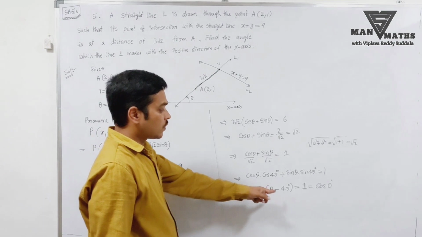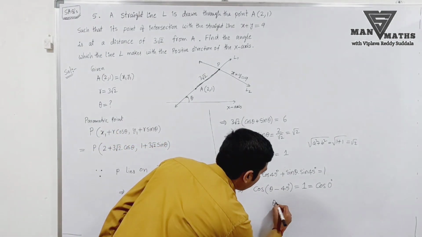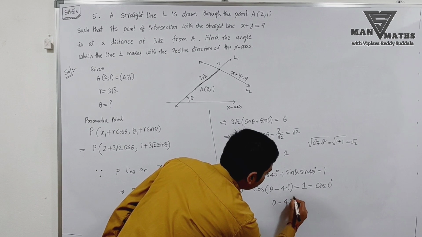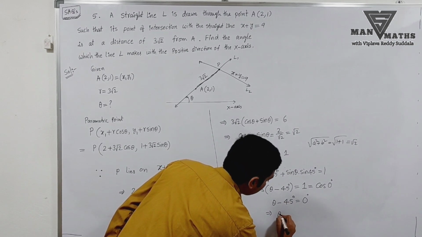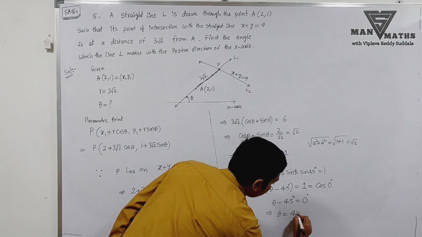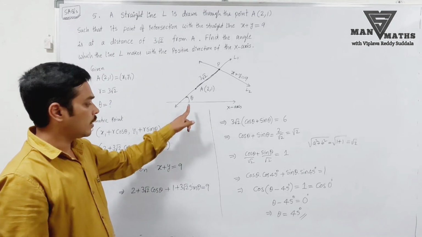Cos theta minus 45 is equal to cos 0 degrees, so theta minus 45 degrees is equal to 0 degrees. From this, theta is equal to 45 degrees. Therefore, the inclination of the line is 45 degrees.